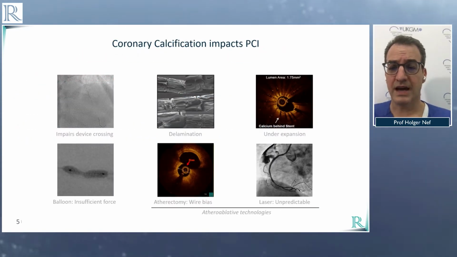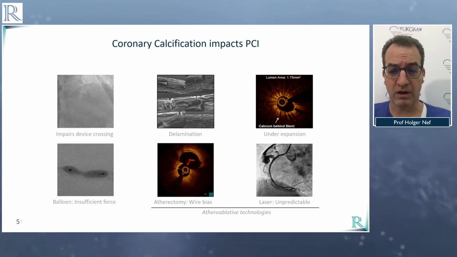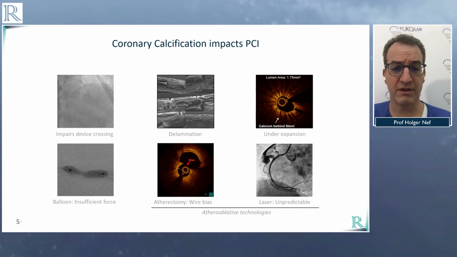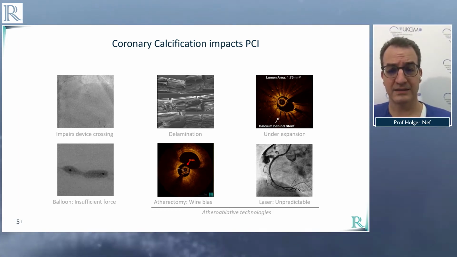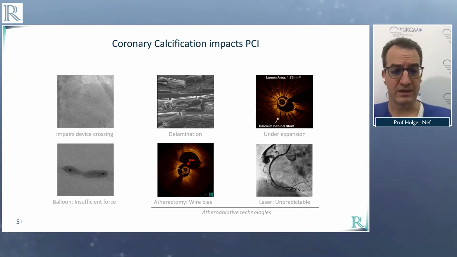Well, there is no doubt that coronary calcification impacts PCI. It can impair device delivery and crossing, and it can also result in delamination of the polymer of the drug eluting stents. Of course, this can alter drug delivery and have other impacts. We know that calcification is also responsible for underexpansion, and the balloons we have in our cath lab often have insufficient force to crack calcified lesions.